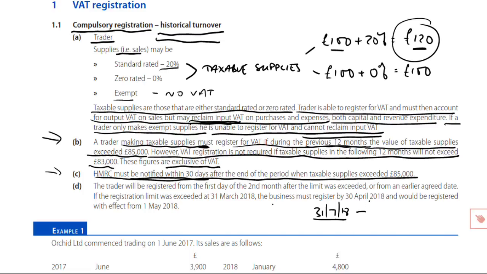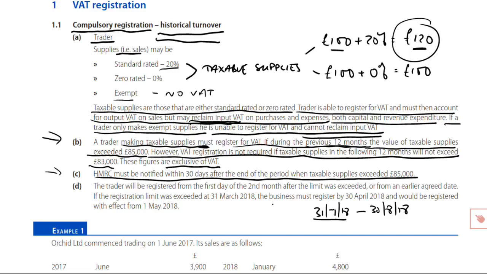Well, dead easy. When must we notify? Within 30 days of the 31st of July, which takes us to the 30th of August. So we have to register by the 30th of August 18, within 30 days of the end of that period in which we exceeded the £85,000 taxable supply level.